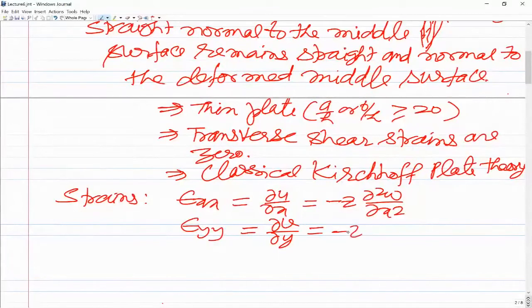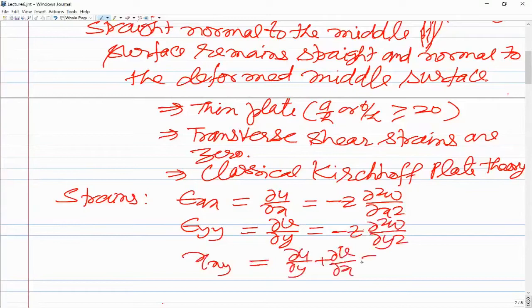So we have epsilon yy as minus z into del 2w by del y square, and the in-plane shear strain in the xy plane, gamma xy, we know is del u by del y plus del v by del x. Del u by del y would be minus z into del 2w by del x del y, and del v by del x would be minus z into del 2w by del x del y. So this whole thing will be minus 2z into del 2w by del x del y.